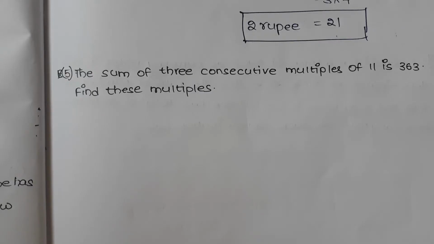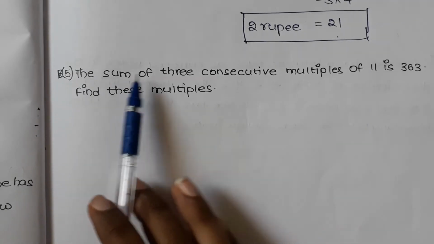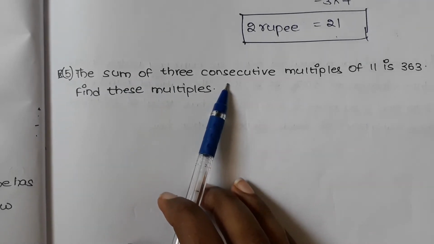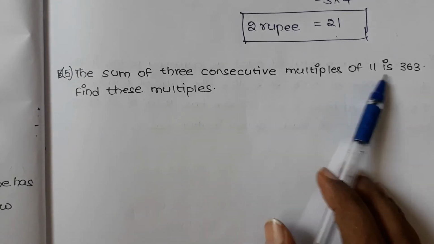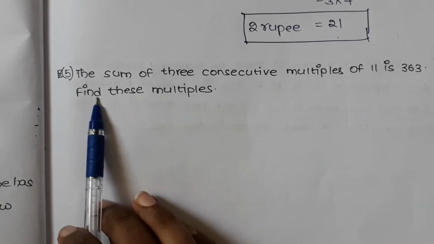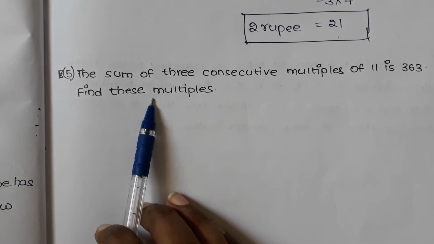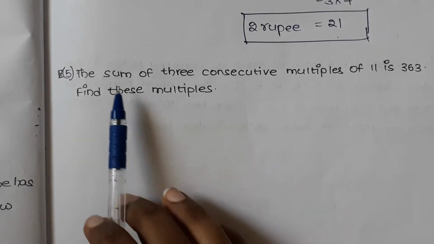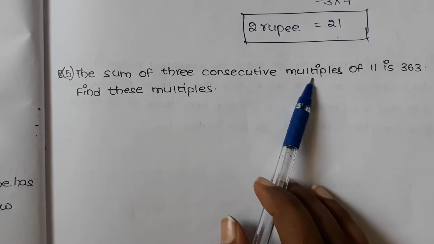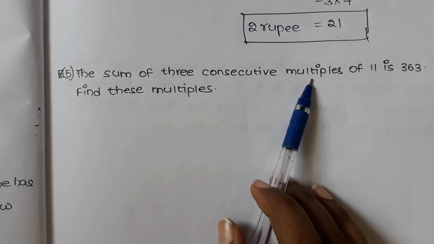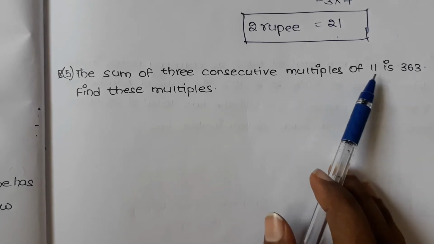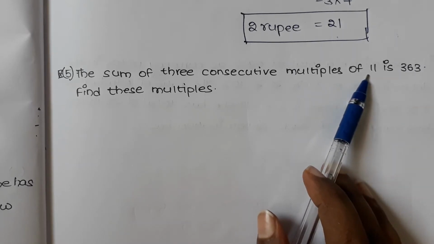Now let us see the fifth question, that is: the sum of 3 consecutive multiples of 11 is 363, and they ask you to find those multiples. Here 3 consecutive multiples is nothing but 3 numbers side by side, and multiples of 11 are nothing but 11's multiples.